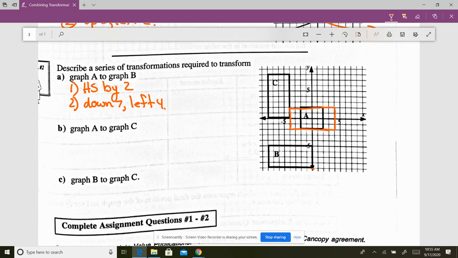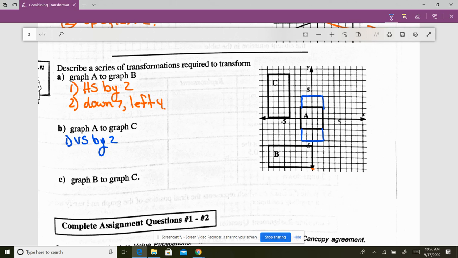Now we're going to go from A to C. What do I need to do first? Vertical stretch by 2. Then what?